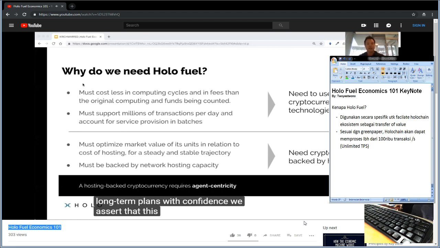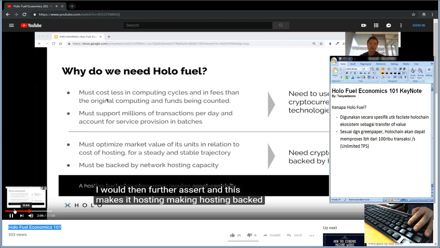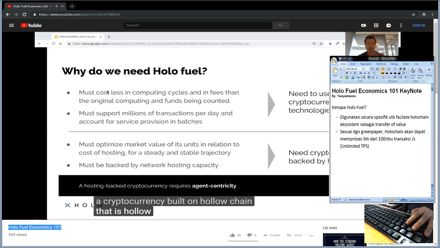We assert that this requires a cryptocurrency that is backed by the hosting capacity of the network. I would then further assert that making it hosting backed requires agent centricity, and therefore a cryptocurrency built on Holochain, that is Holo Fuel.